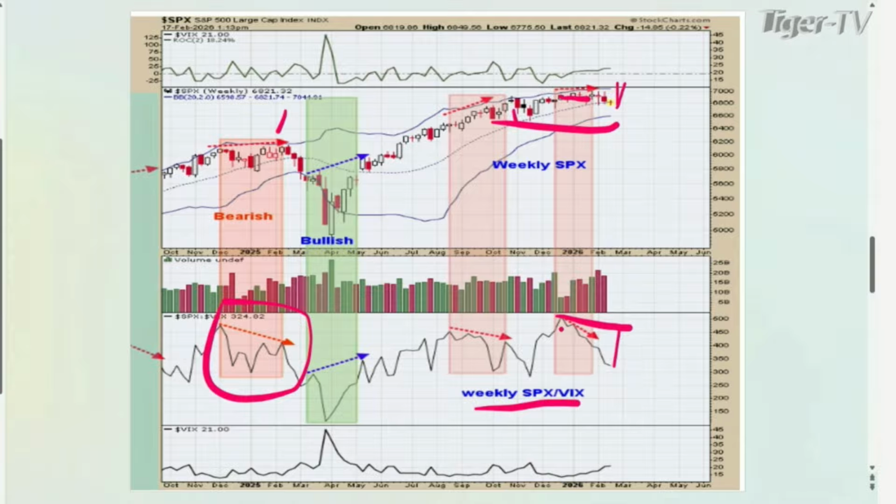I don't think we're set up for a major pullback, but some sort of 5% move to the downside, maybe more, maybe get to a lower Bollinger Band. Not sure.